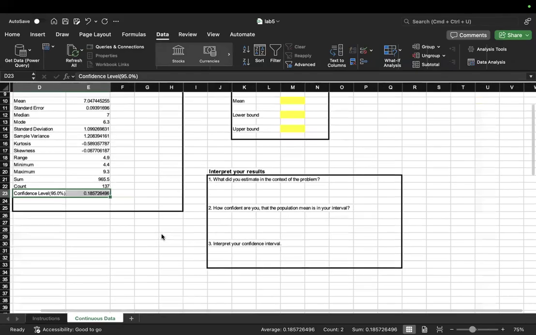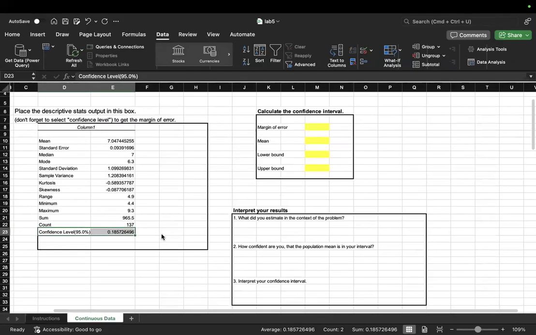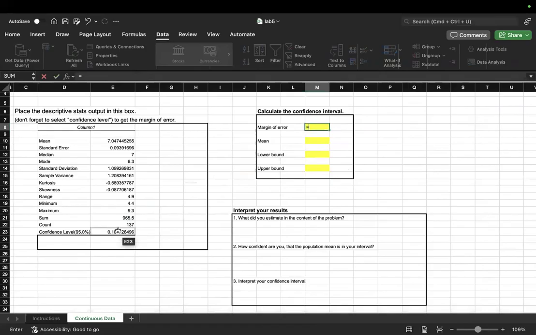You are going to use your Excel tools to put stuff over here. So in the margin of error box, I'm going to put equals, then click on this and hit enter. My margin of error is now in there. For mean, equals, click on the mean, hit enter. I didn't mean to do that there. Delete that. Let's do it one more time with feeling. Equals, mean, enter.